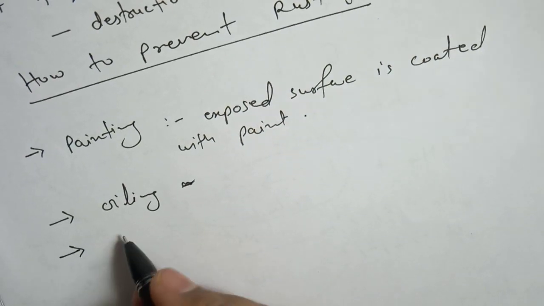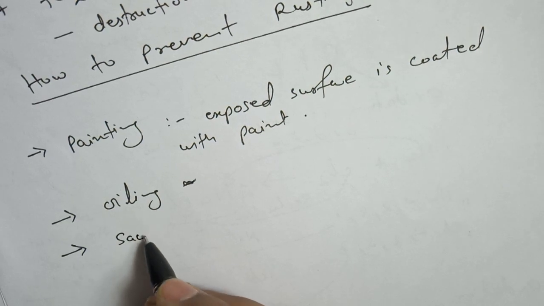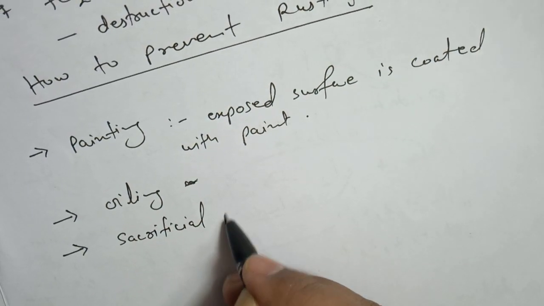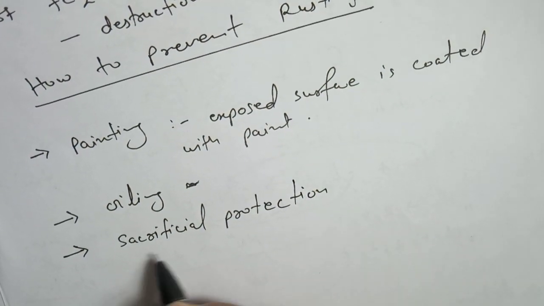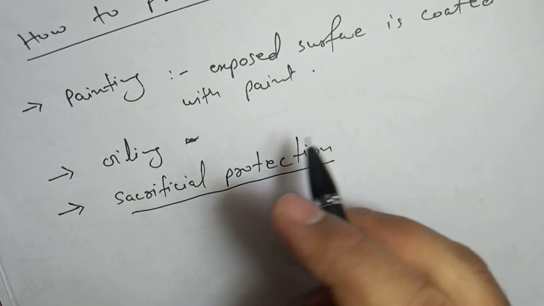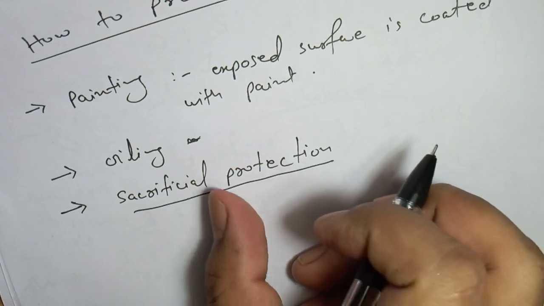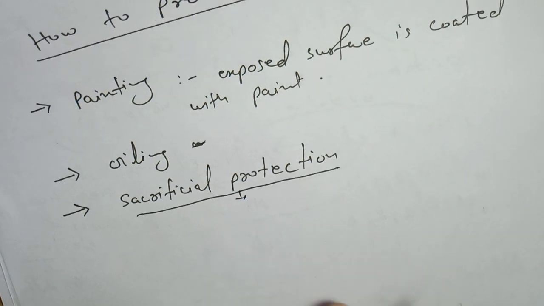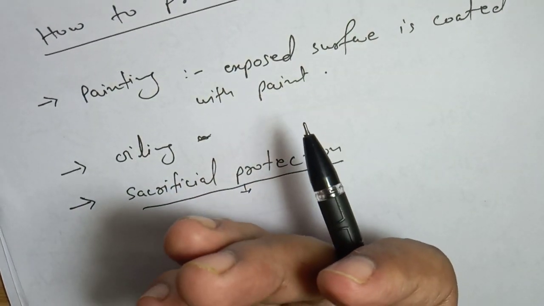Next one is we can go for sacrificial protection. What's that? It's clear from the meaning, it's a sacrificial protection. That means it's a sacrifice. What does it mean? It means the sacrifice is done by some other metal.